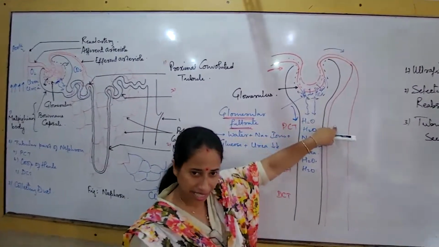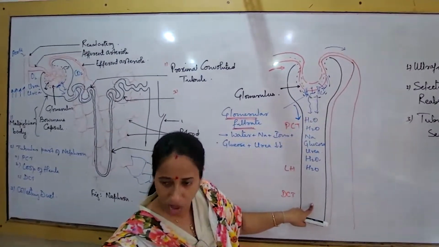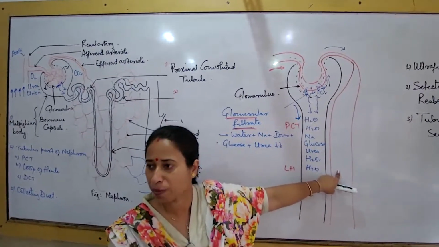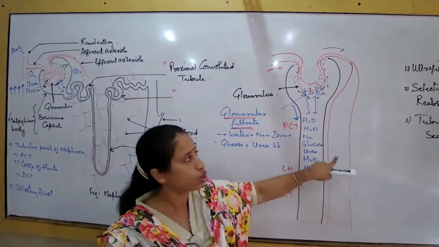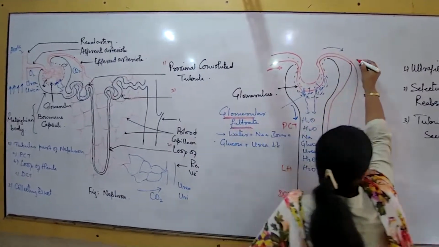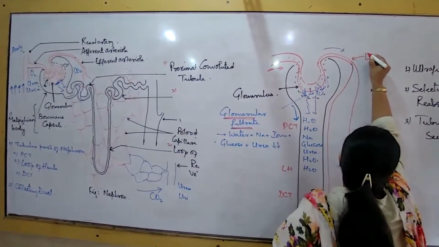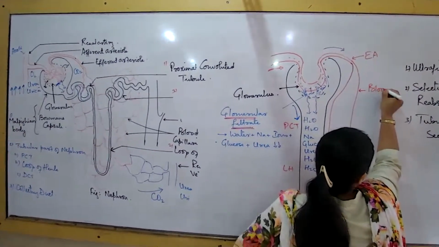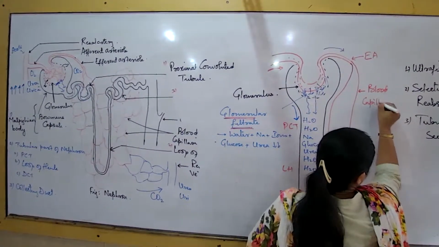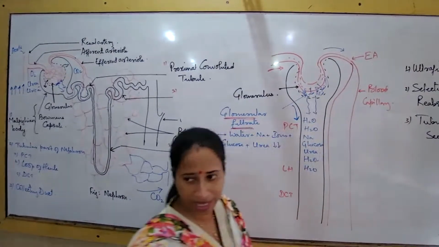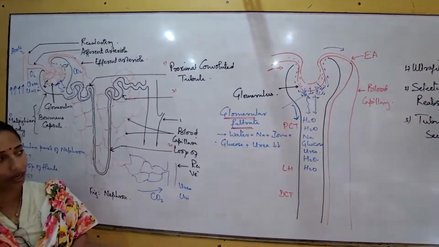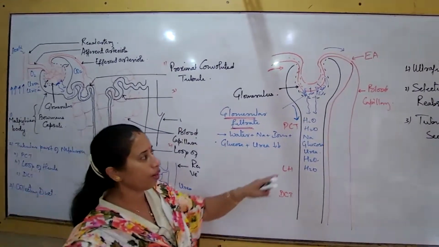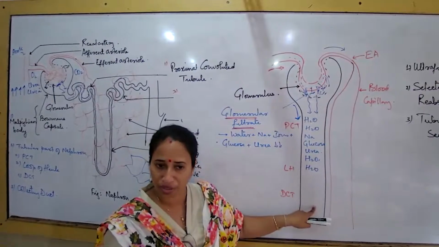Let us try understanding the tubular part of the nephron and what kind of exchange of substances is happening with the surrounding blood capillaries. This vessel is the efferent arteriole, and this is a part of a blood capillary. Here, after ultrafiltration, we have the glomerular filtrate running down the tubular part of the nephron.